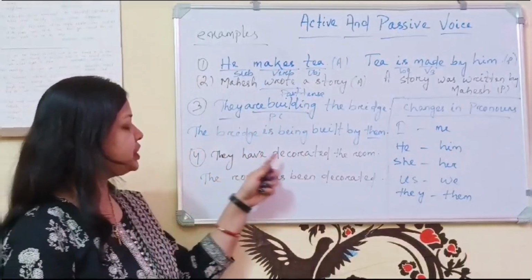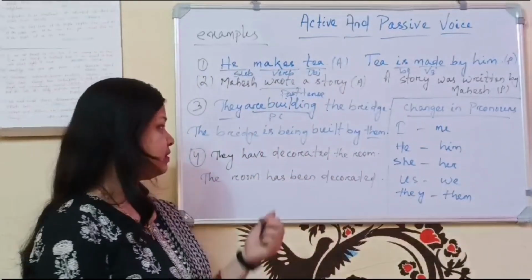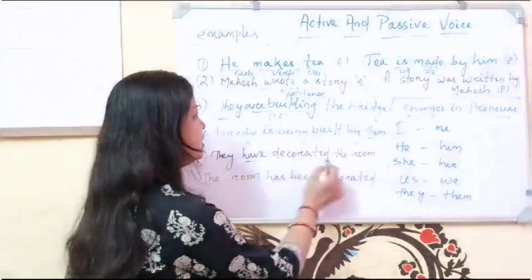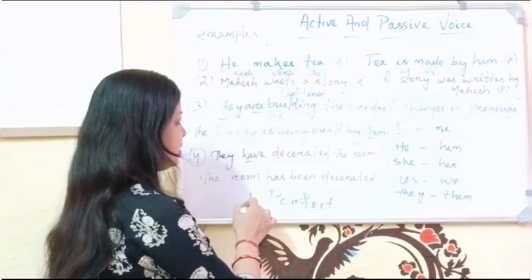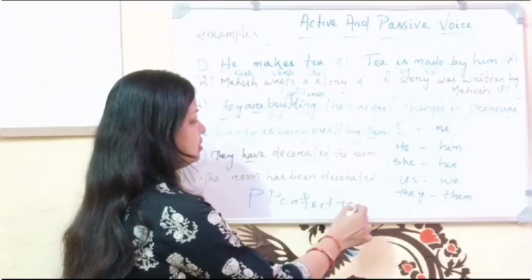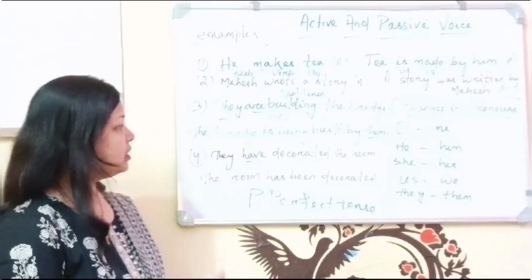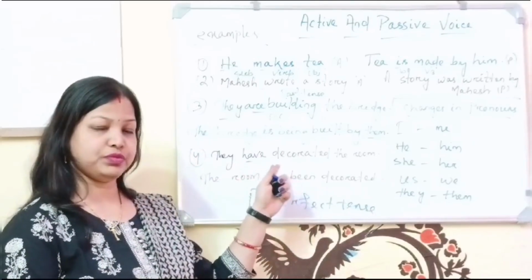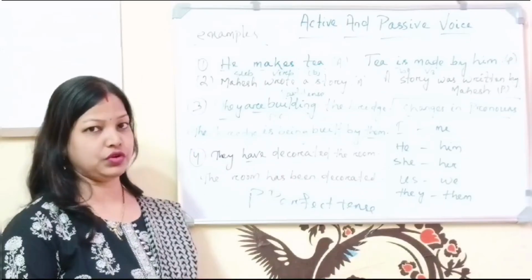Next, see, they have decorated the room. So in which tense is it here? Have decorated. Have means it is in perfect, it is in present perfect tense. So we must know about tense. It is in present perfect tense. So what formula for perfect tense did I tell you? Has or have plus been plus verb 3.